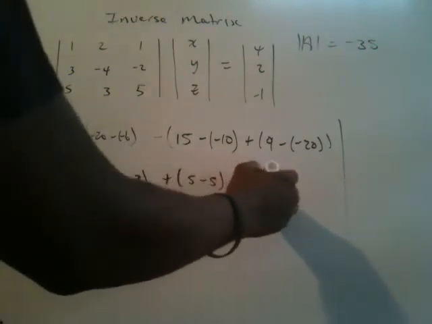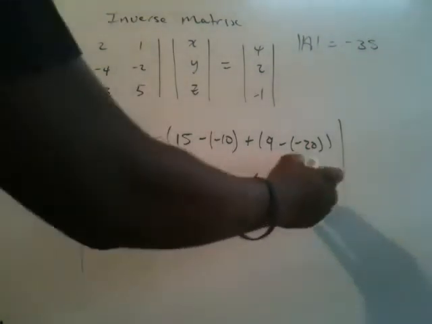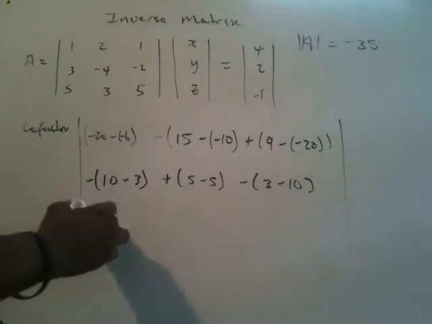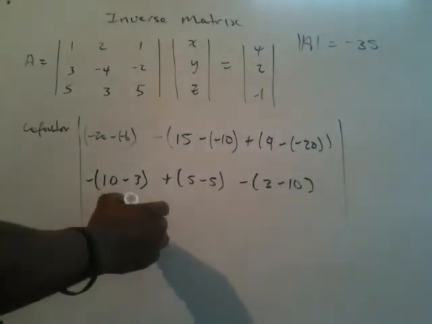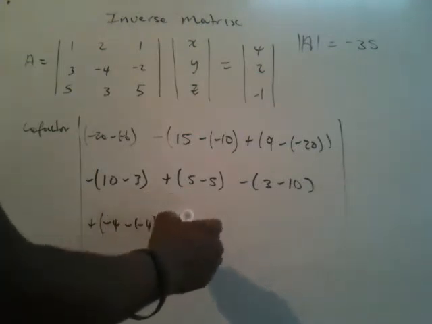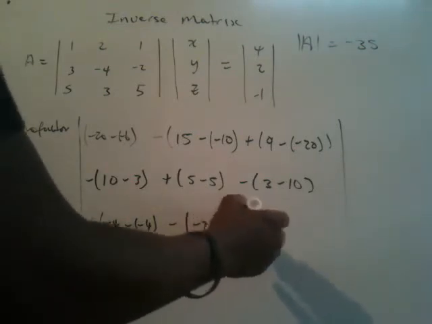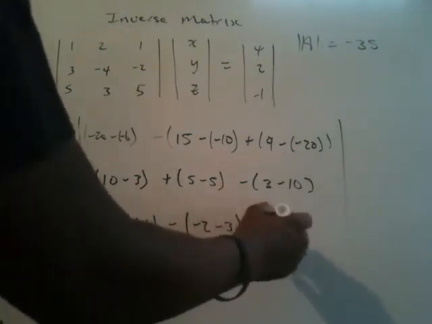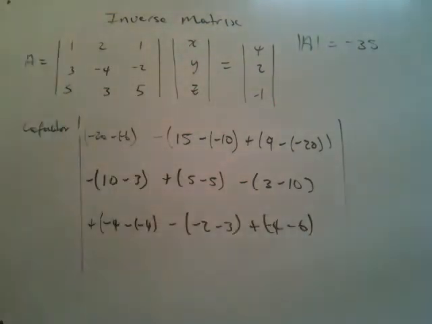Then we have a minus (3 minus 10). For the next element, we have a plus sign outside, (-4, -4). Then a minus sign for the element 2, -3. Then we have -4, -6.